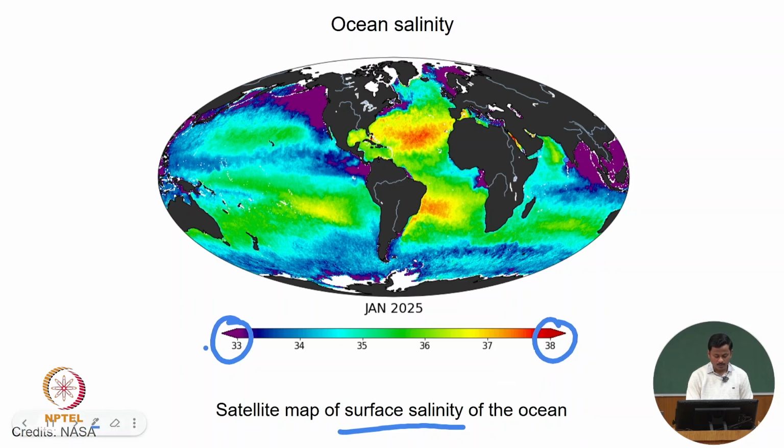Hence this scale is not doing justice properly, but let's use this figure just to appreciate the fact that salinity, that is the salt content, can be variable across the globe. These regions, as you can see in the Atlantic, are some of the saltiest because of a high rate of evaporation, and some regions, for example in the Bay of Bengal, receive a lot of fresh water from rivers, which are fed by monsoon rains and melting of the glaciers, and this is why this region is much fresher, that is, it has low salinity.